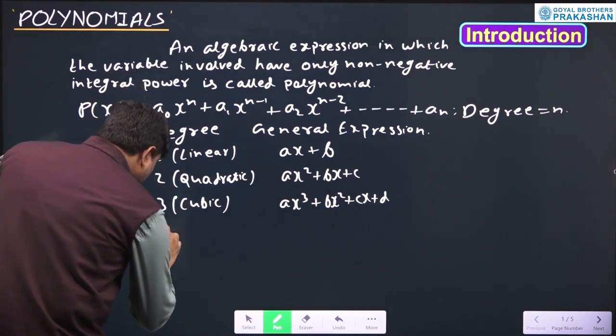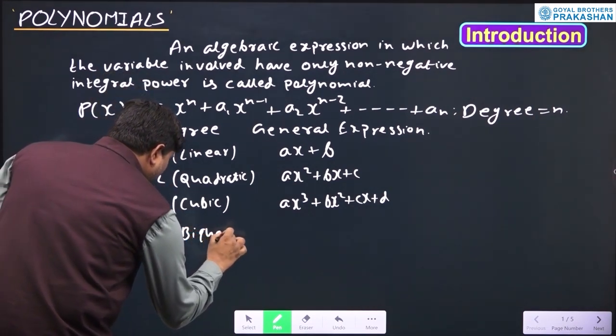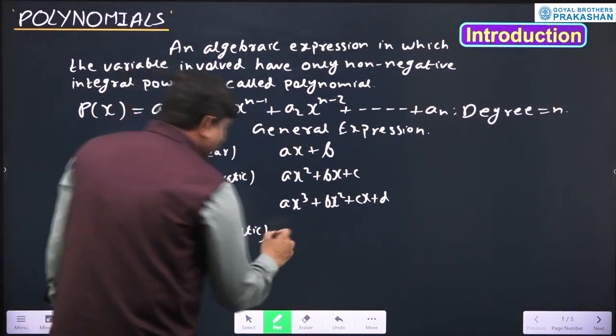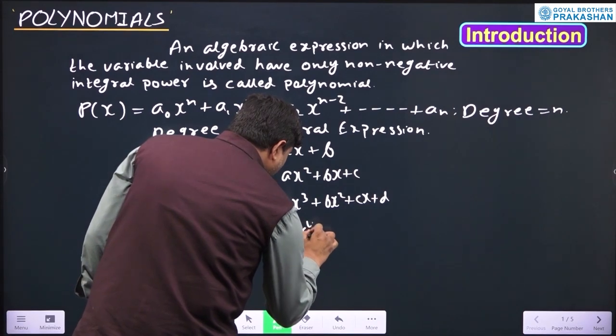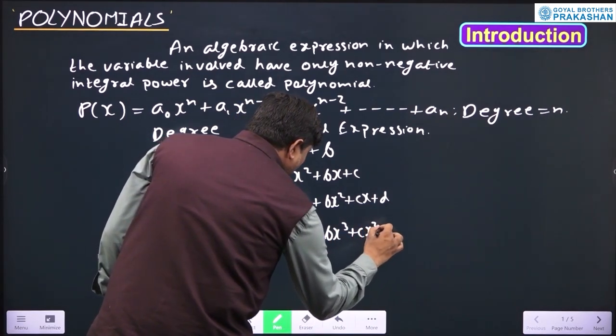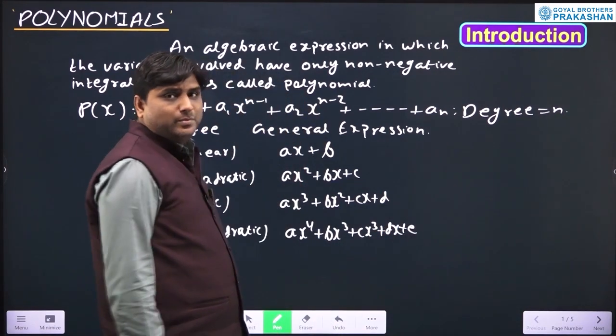And if the degree is 4, then the polynomial is called biquadratic and its general expression is ax to the power 4 plus bx cube plus cx square plus dx plus e.